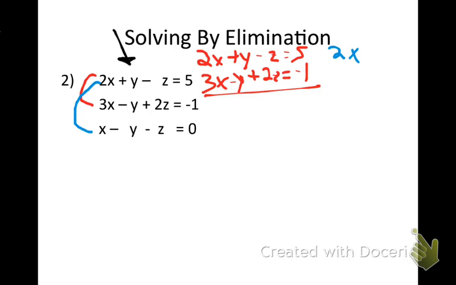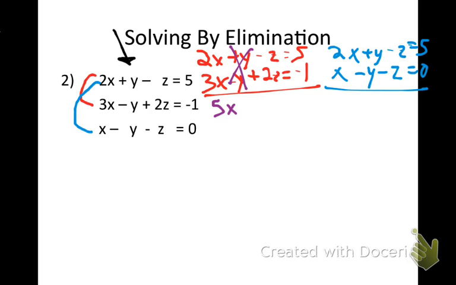So 2x plus y minus z equals 5. x minus y minus z equals 0. And both those, what do I want to eliminate, Reagan? The y. So 2x plus 3x, I get 5x. Negative z plus 2z plus z equals 4. I eliminate the y as my other one. 3x minus 2z equals 5.